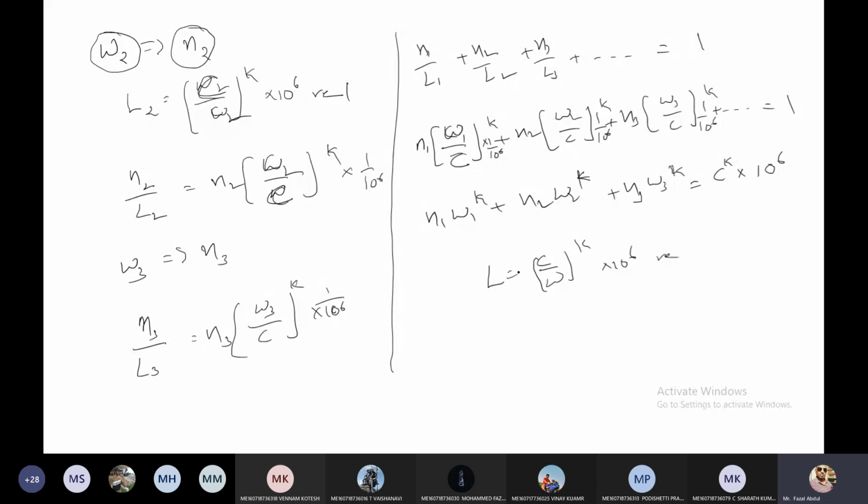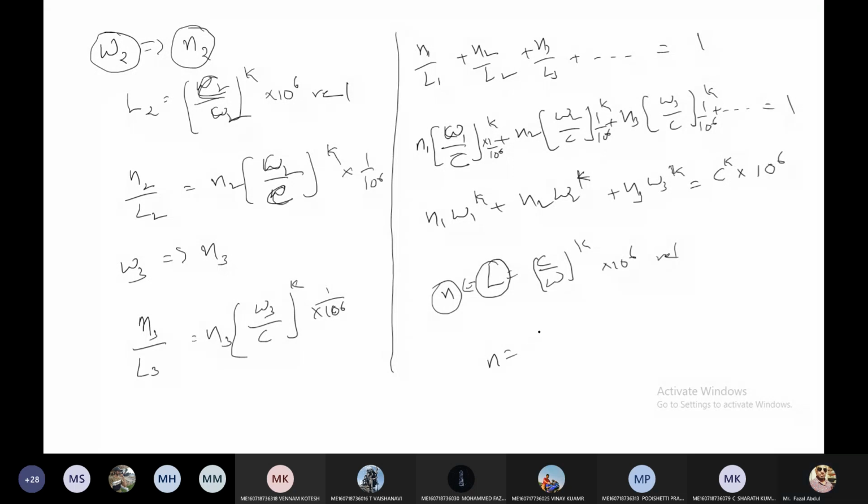This L is expressed in terms of the number of revolutions, so in place of L, I am writing N directly as the number of revolutions.